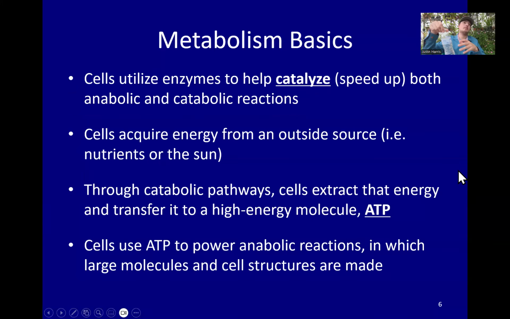This is to help regulate levels of different chemicals and molecules within the cell to make sure that nothing gets over concentrated or saturated and could potentially cause harm.